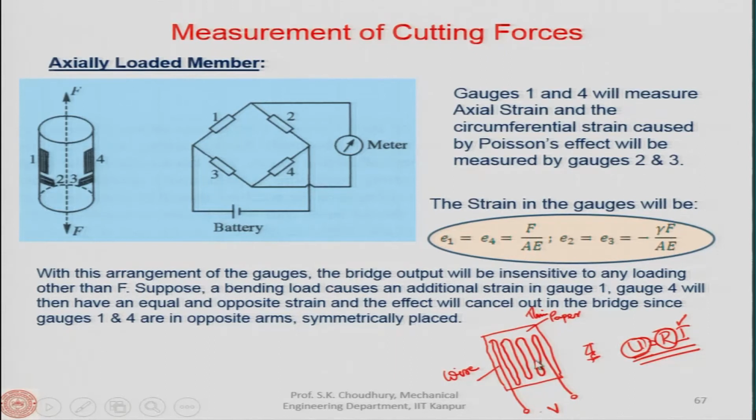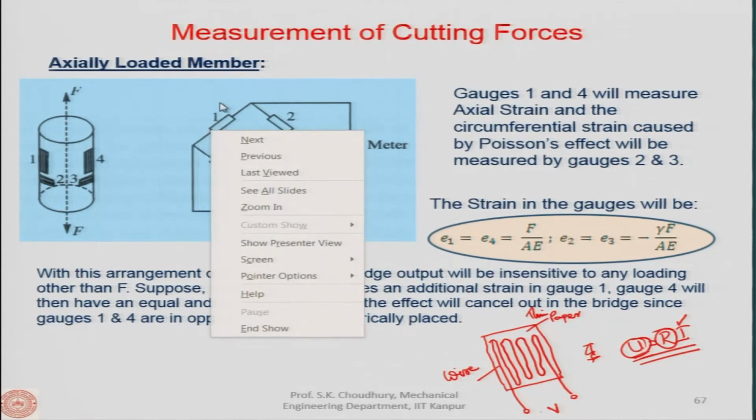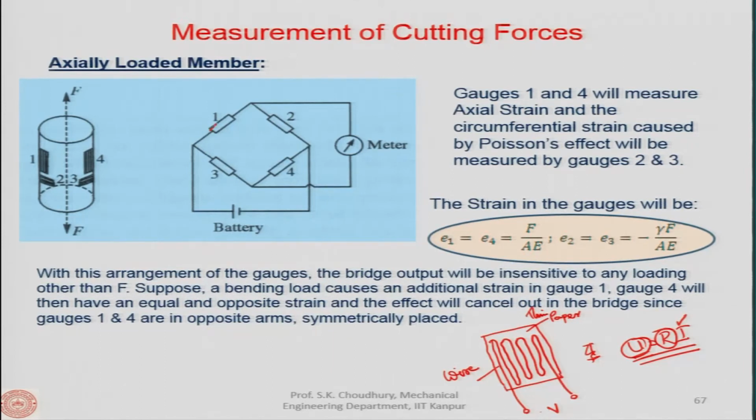So, these sensors are called the gauges, strain gauges. Let us say this is one point, and it is like a spiral connected here. This is a spiral connected to another point, and so on, and then we have this connection here.